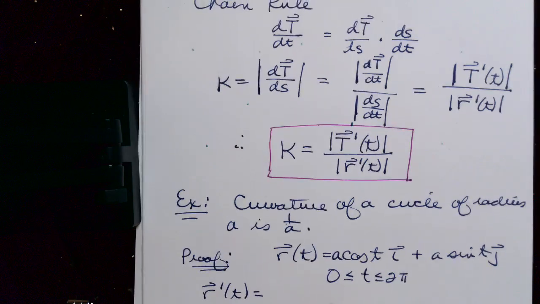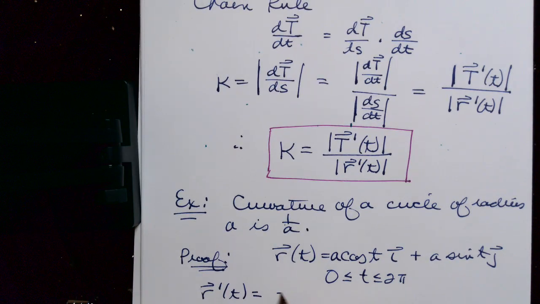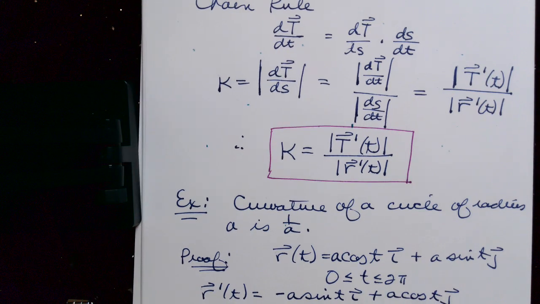So here's my formula for r. My r prime is going to be minus a sine t i plus a cosine t j. We can do the length while we're at it.